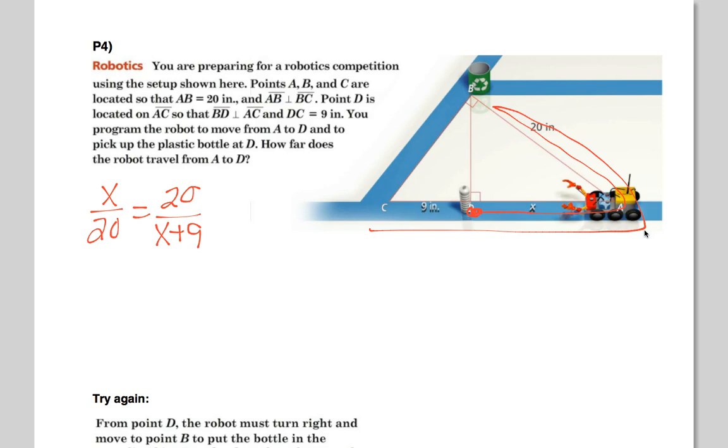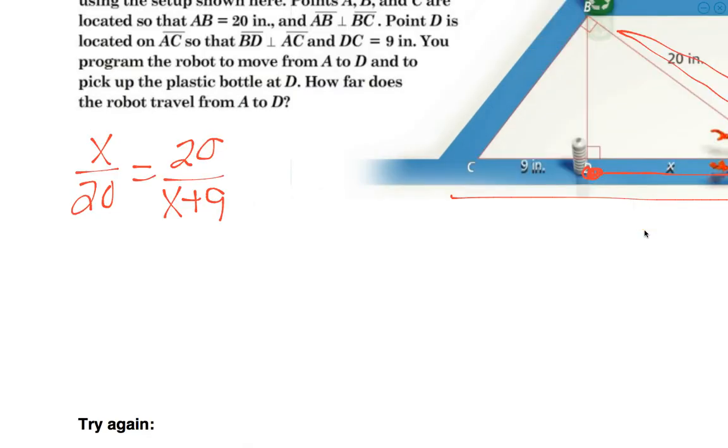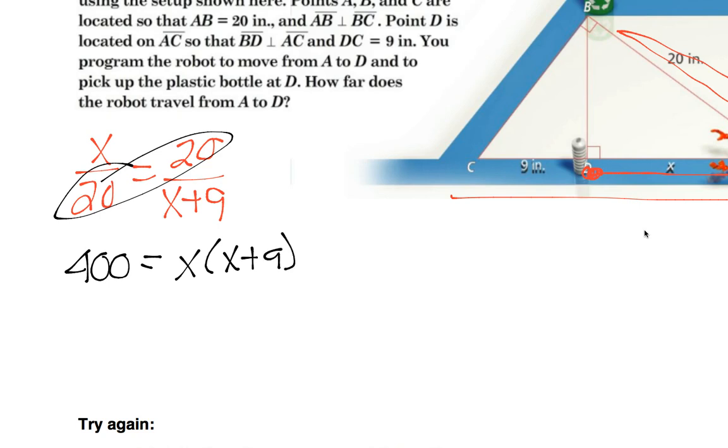Notice how I had to add these together here. So 400 equals x squared plus 9x.